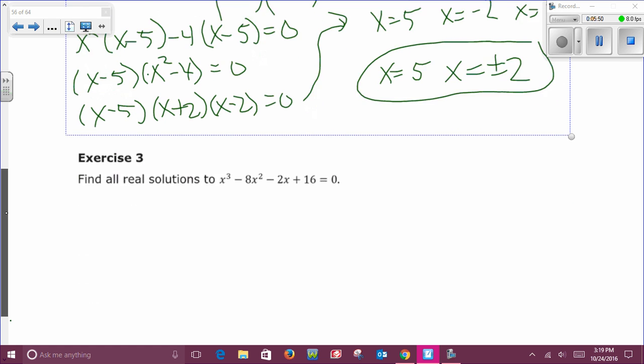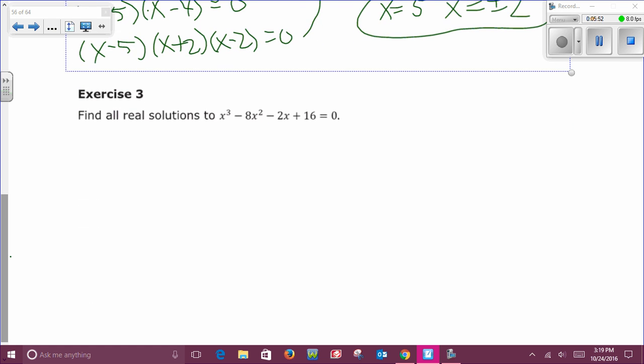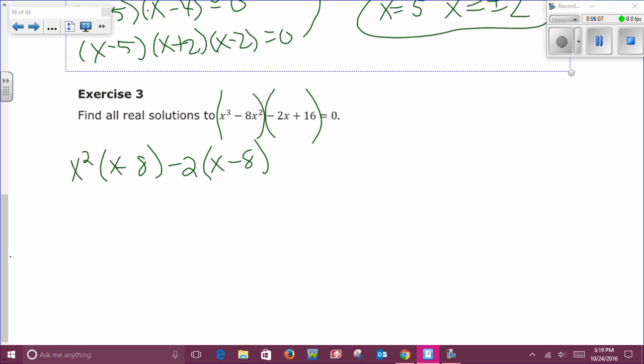And then finally, for the last one, find all real solutions. Again, I have 4 terms, so I'm going to group and group. So they have an x squared in common, so I have x minus 8. Here they have a negative 2 in common, so I have x minus 8. So now they both have an x minus 8 in common.